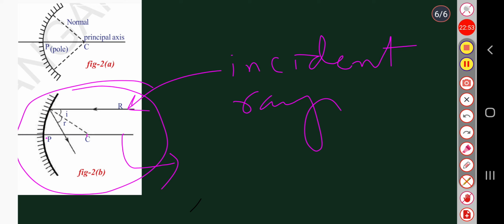Now the light is incident on the curved surface and reflected through a particular point. Let me do an activity. What happens if you keep a concave mirror in front of sunlight, or where abundant light rays are available? Let me see how the concave mirror behaves.